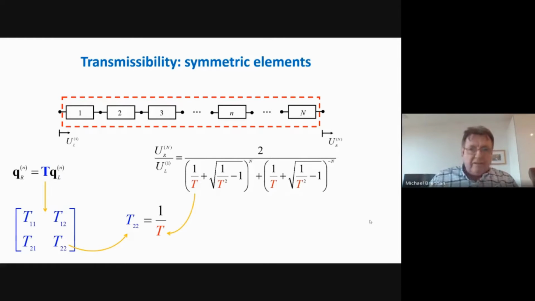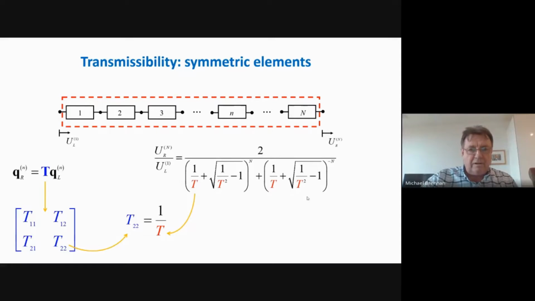And you see that the overall behavior of the system, so that is the transmissibility relating to the displacement on the right divided by the displacement on the left, is given by that large expression there, 2 divided by those two quantities in brackets. And you'll see that it's just a function of 2 things.